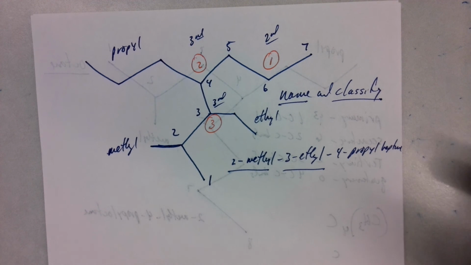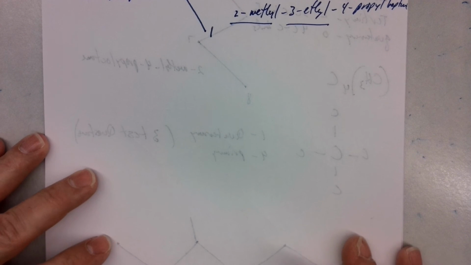That's why organic chemistry accounts for 6 to 7 million different compounds. In inorganic chemistry, there's only about 1.5 million. So there's 4 to 5 times more organic compounds than there are inorganic compounds because of the nature of the way carbon bonds. Okay? Let's do one more.